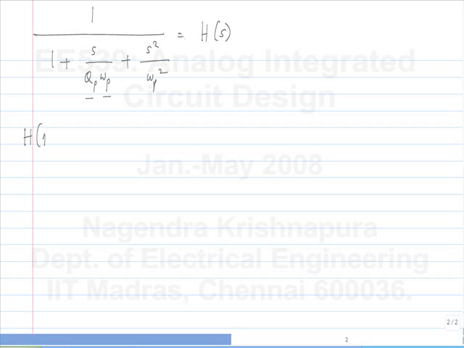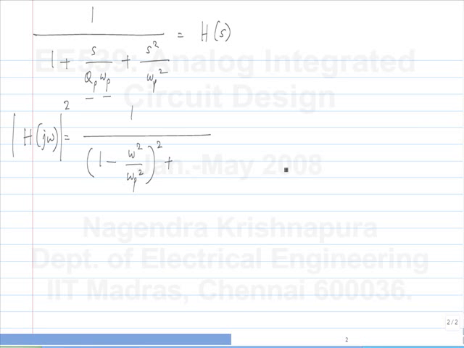If I evaluate the steady state response, I get 1 minus this whole square plus, I will take the magnitude squared of this, okay, plus the imaginary part square, which is omega square by qp square omega p square. So if you look at this, in expanding the square we get, okay, and here we get a certain coefficient for omega p square.